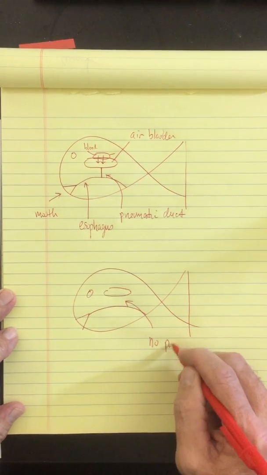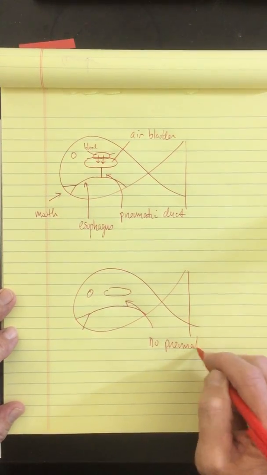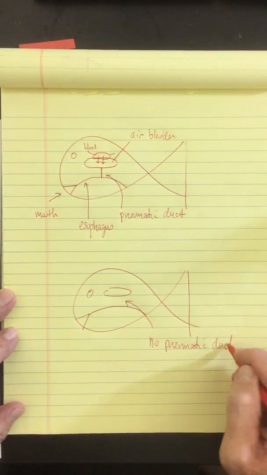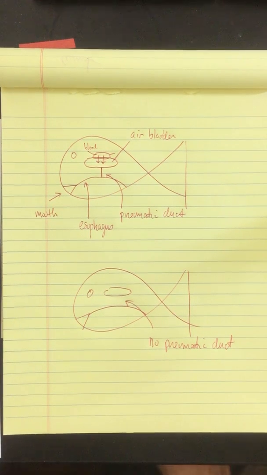So there's no pneumatic duct. So this guy cannot gulp air. This guy cannot burp air either. If it's trying to release the gases, it can't fart out the air either.